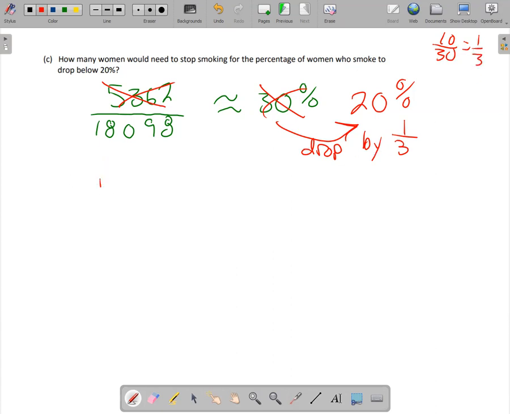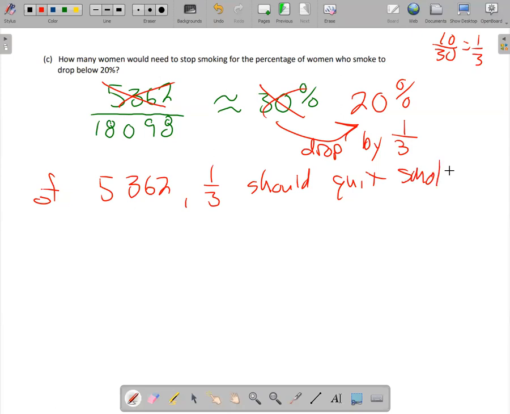So that means I want to know what's a third of that 5,362 to quit smoking. Okay, let's calculate that, see if it works.